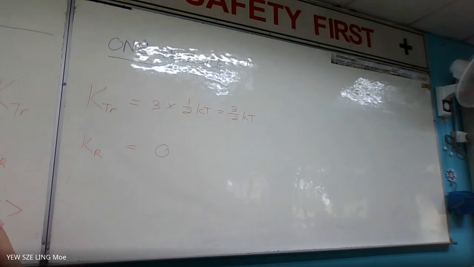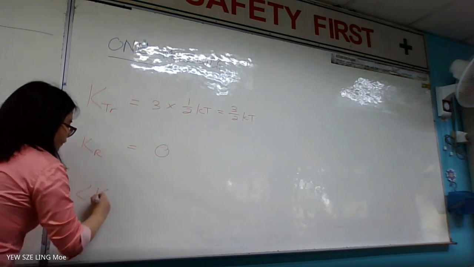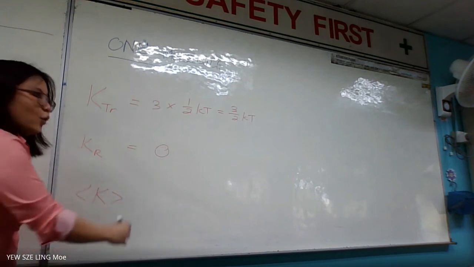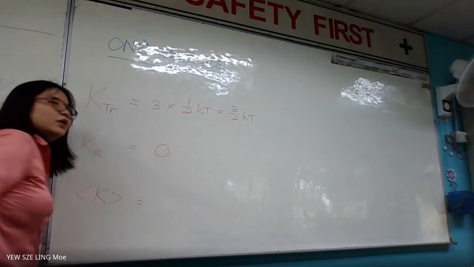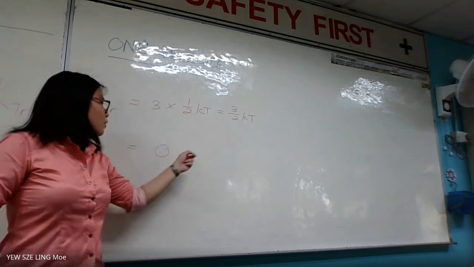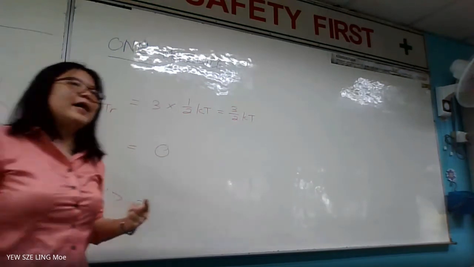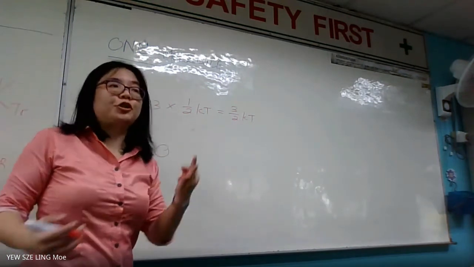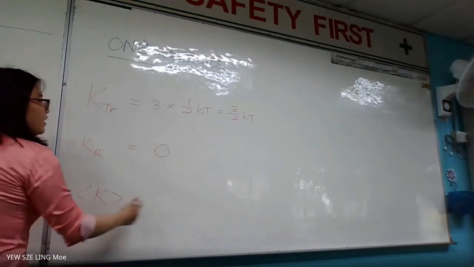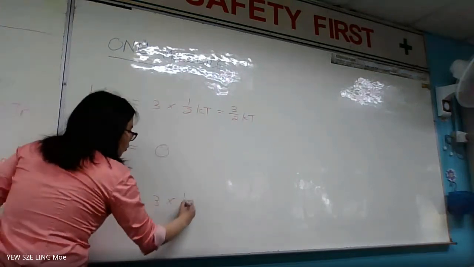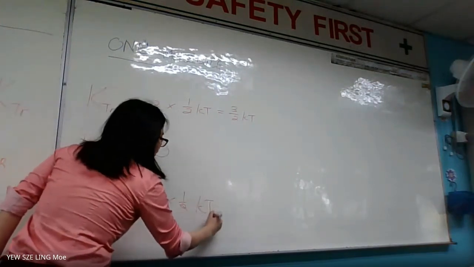And then how about its average kinetic energy? For average kinetic energy, we look at the total. You can either add them up, or you can look at the total degree of freedom. For monoatomic, the total degree of freedom is 3. Therefore, once again, this is 3 times 1/2 kT.